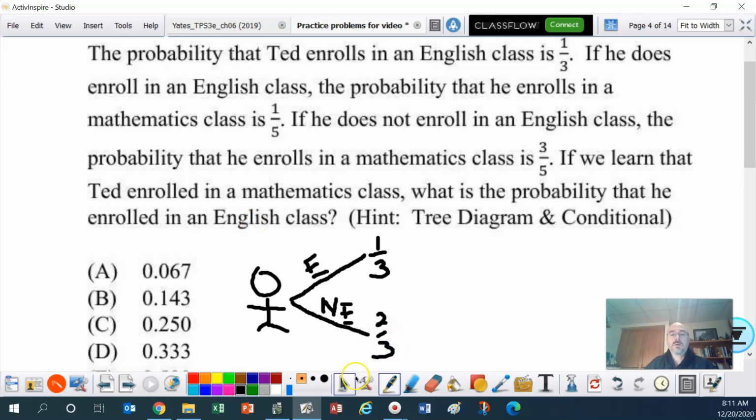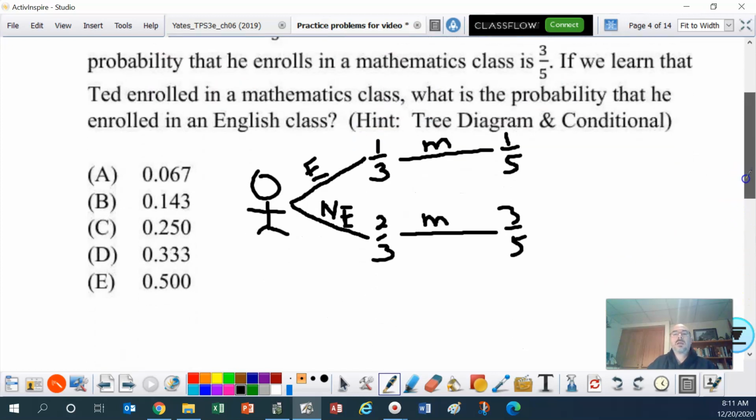Well, what else do we learn? We learn that if he does take an English class, then the probability of taking the math class is 1/5. And if he doesn't take the English class, then the probability of taking a math class is 3/5. All right, so I've got my tree diagram laid out. Okay, so now let's see.